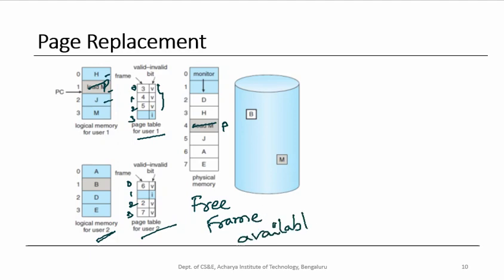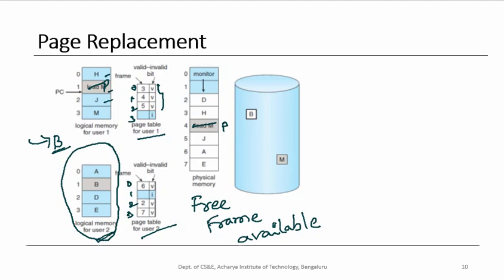Now let us take a scenario. This process is picked up for execution, and it makes a request for page B. So this process consists of pages A, B, D and E. A, D and E are present, in what frames?